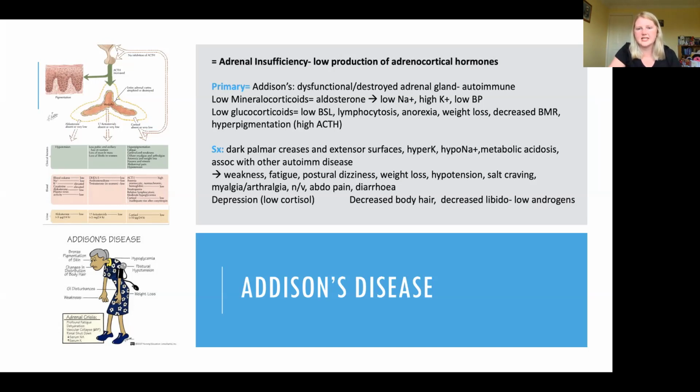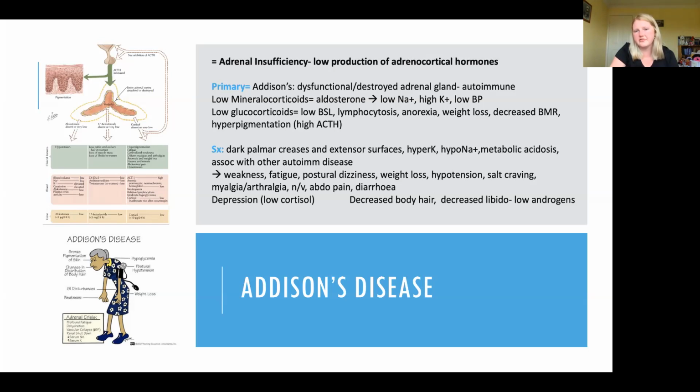Because Addison's is at the level of the adrenal gland, we do find that the pituitary continues to secrete ACTH to try and increase the release of these hormones. And that's why we can actually see hyperpigmentation, the tan bronzing of the skin, which is seen in Addison's.